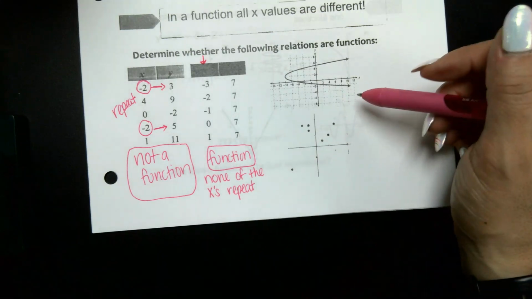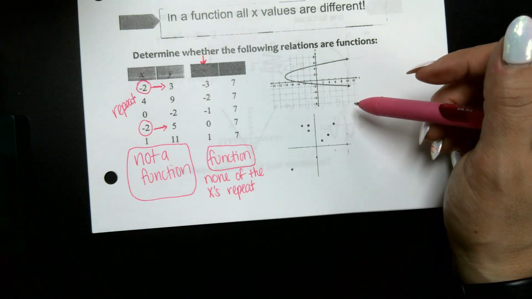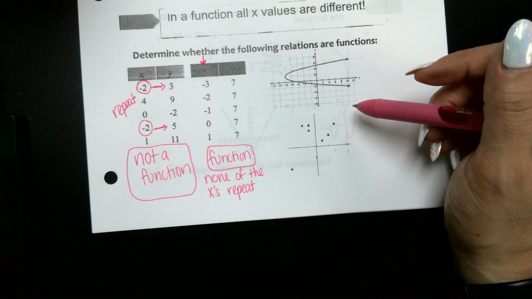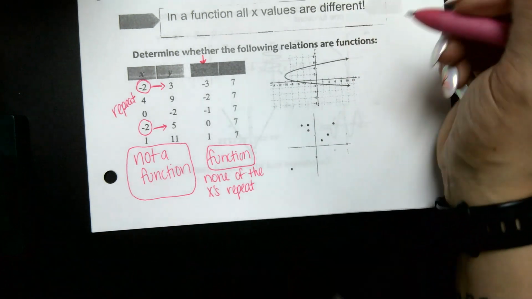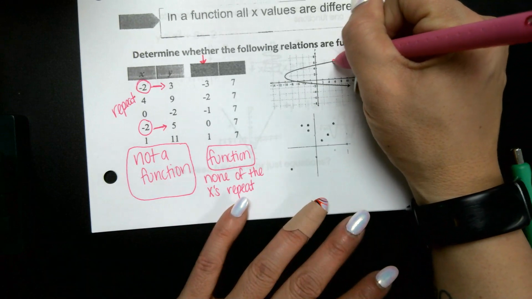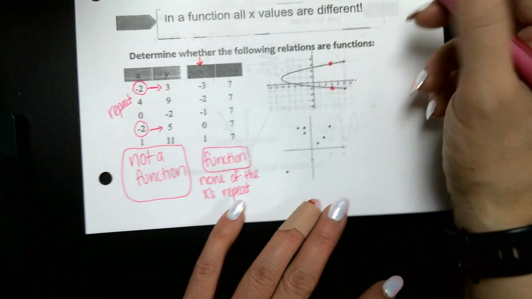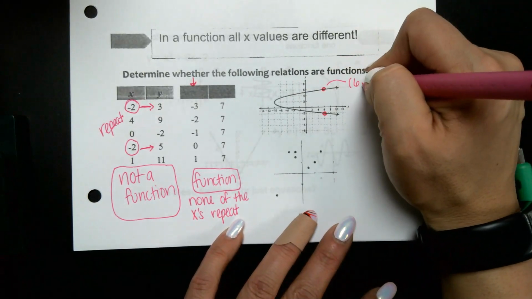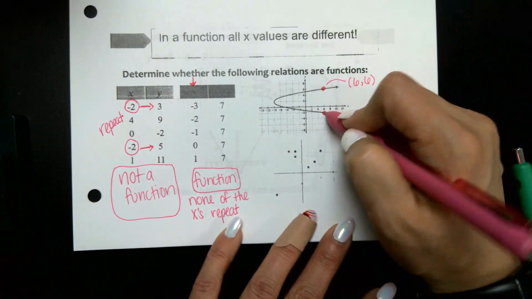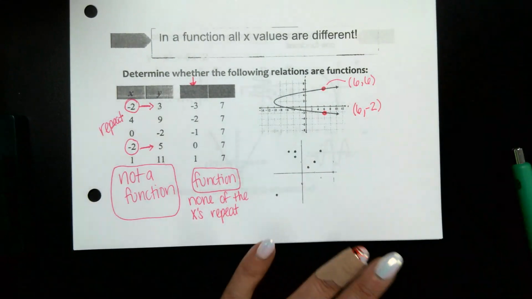Now, if they give you a picture, there is a certain test we use to determine whether it's a function or not, but right now I just want you guys to look. Let me just pick 2 points. Like if I picked this point here and this point here, this ordered pair would be 6, 6, and this ordered pair down here would be 6, -2.